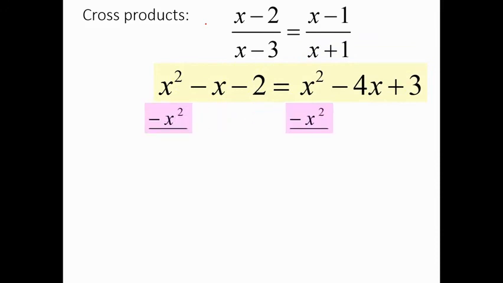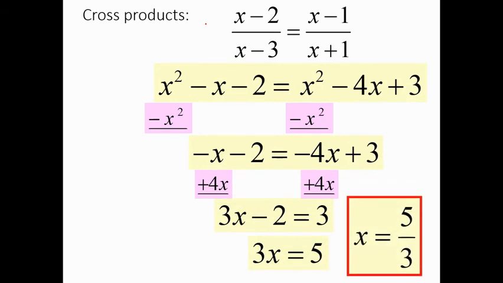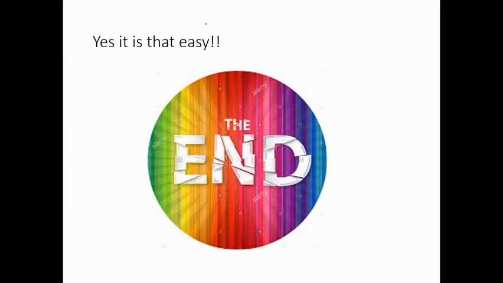The nice thing, though, is that the x squared terms are going to cancel, and thus you're just solving for an x. Because of that, you won't have an extraneous solution either. Notice how our only extraneous solution showed up when we had an x squared that we were solving for. Yes, hopefully you find it that easy. Okay, that is the end.